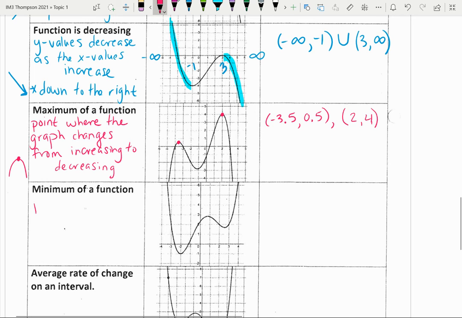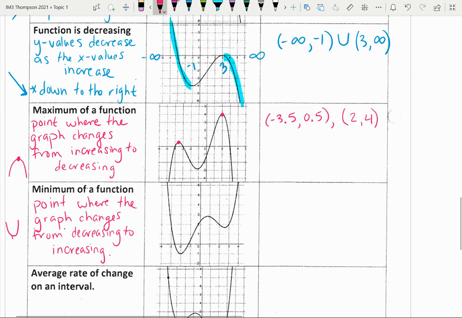Minimum of a function is just going to be the converse. So the graph goes decrease, decrease, down, down, down, down, down.